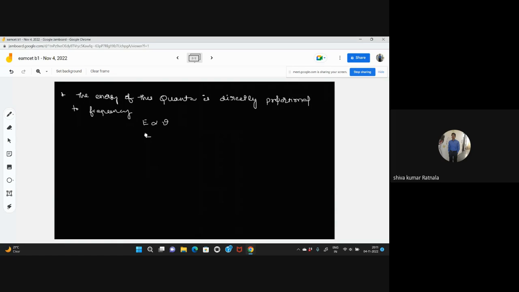So E equals h nu, using a constant, where h is Planck's constant. The h value is 6.625 times 10 to the power of minus 27 erg second, or 6.625 times 10 to the power of minus 34 joule second.